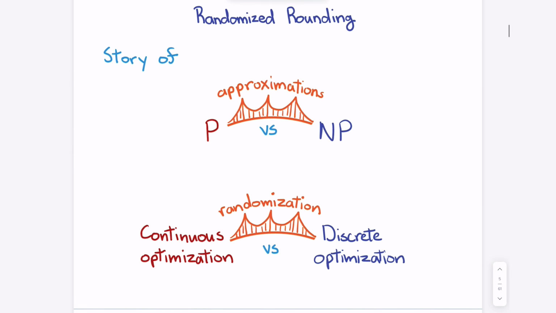So today's class, to some extent, is a story of both P versus NP and using approximation algorithms as a sort of bridge, right? So some of these problems are hard to solve exactly in polynomial time, but they might not be hard to get reasonably useful approximations, okay?